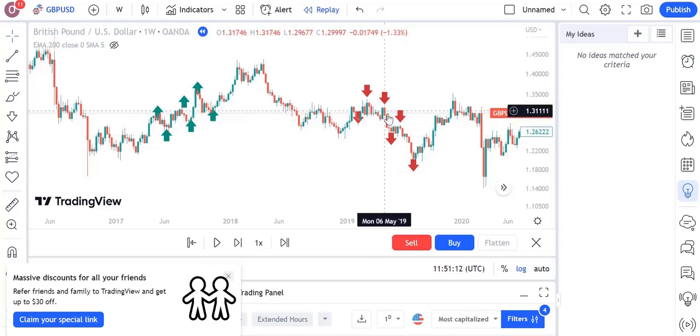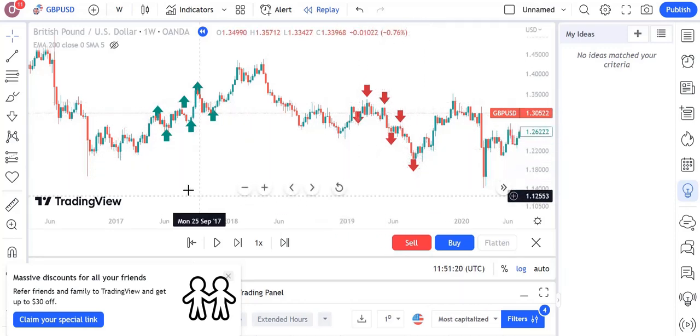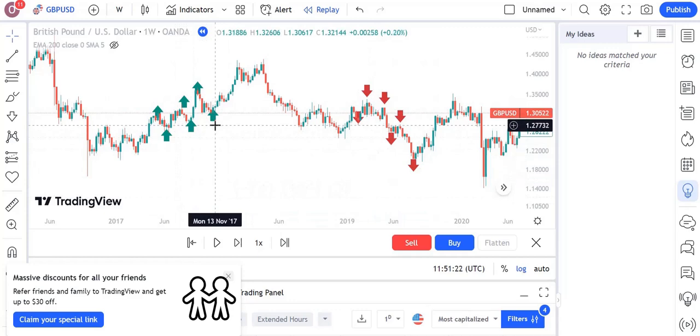Then price decides to make a low here. Price was making a high here, because this was slightly higher than this. Let's use this as an example. This was a low, this was another low, and this was another low, which can be seen as what?